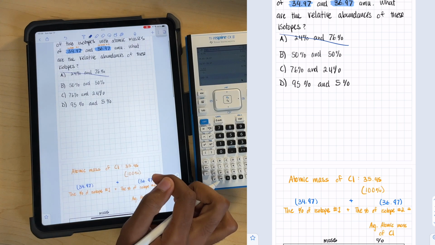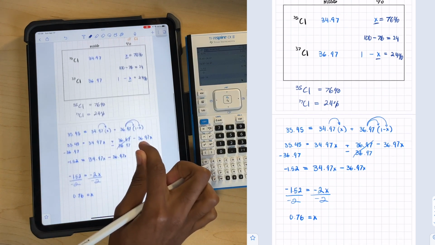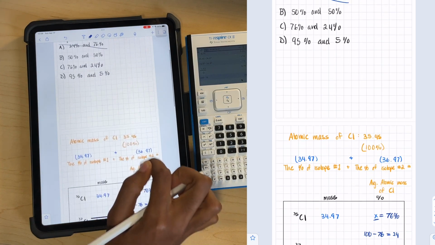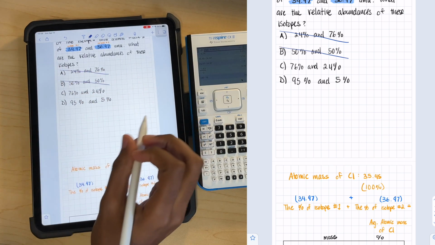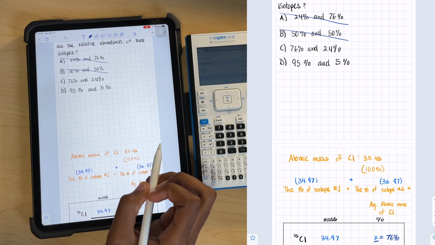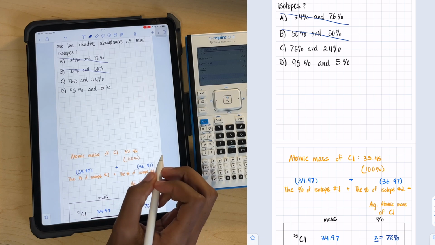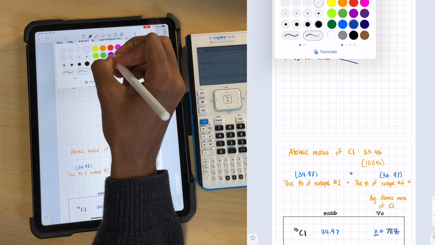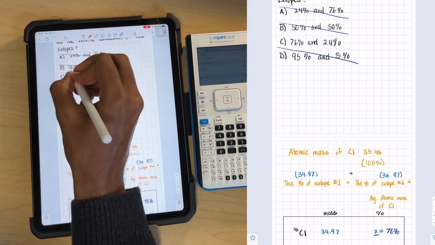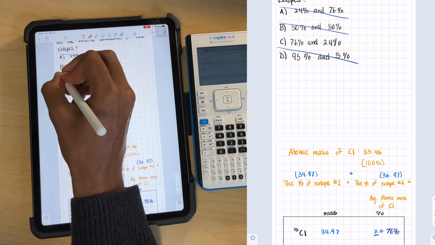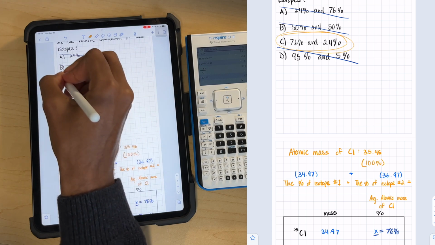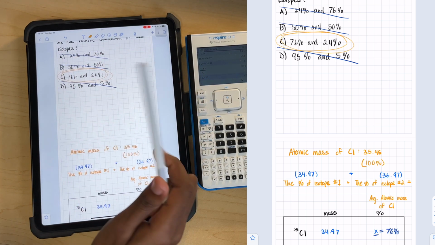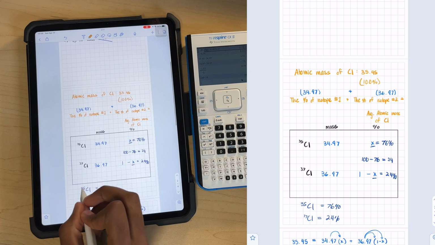B, 50% and 50%, we didn't deal with 50% at all, so that's wrong. D, 95% and 5%, we did not get those numbers at all. So by process of elimination, the only correct answer is C, 76% and 24%.